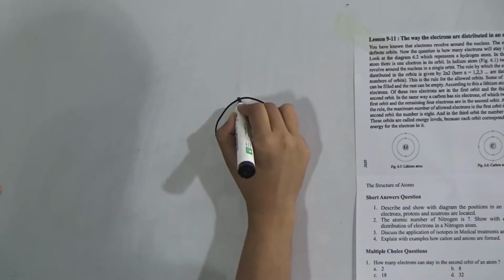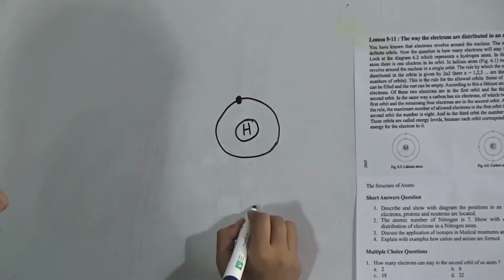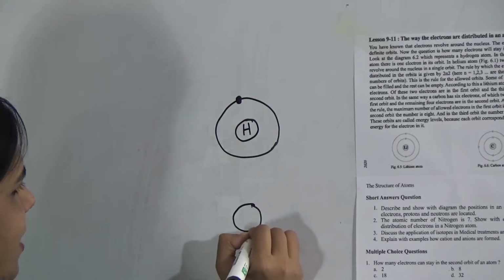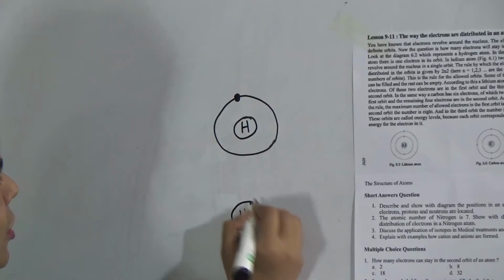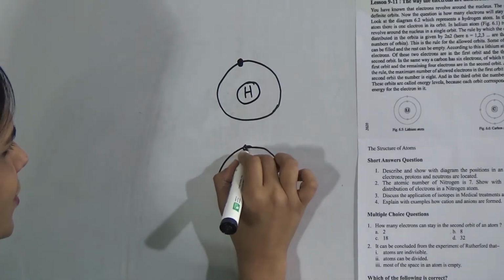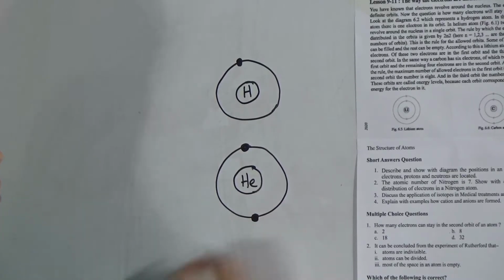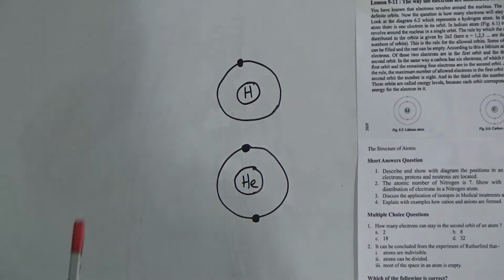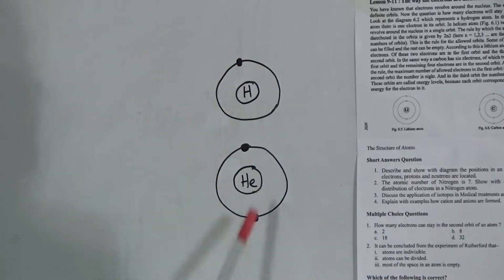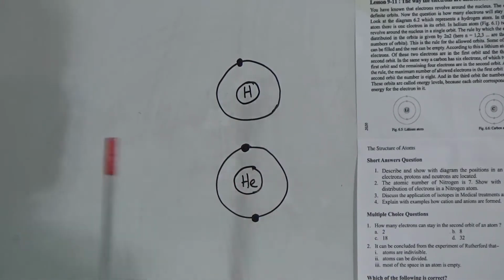First orbit: hydrogen has only one electron, and helium also has one orbit and it has two electrons, and this is the process of distribution. In the first orbit, two electrons can stay.